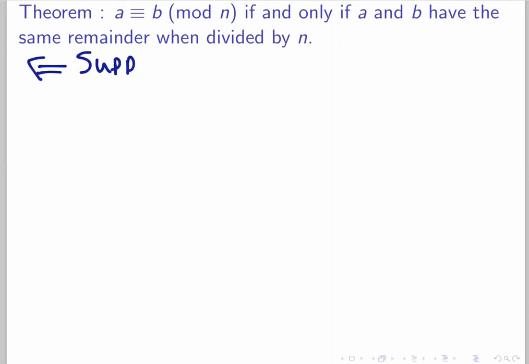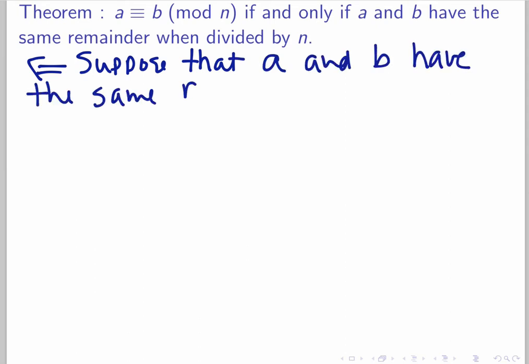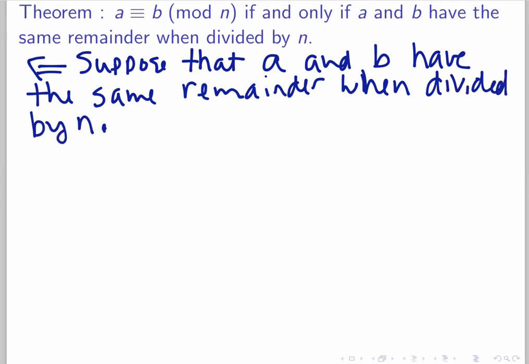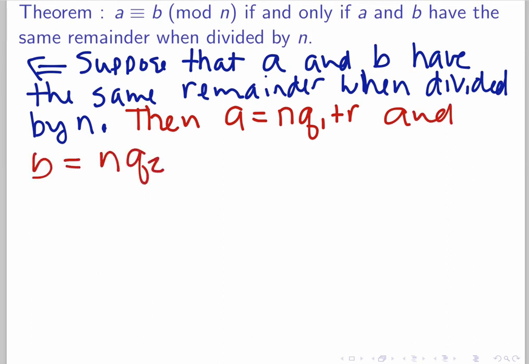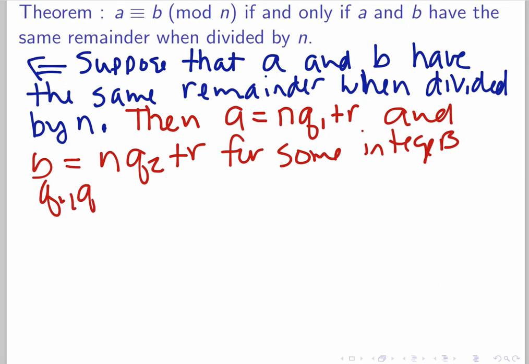We'll do it directly. We suppose that A and B have the same remainder when we divide them by n, and then we want to say what that means. So we're going to use the division algorithm. A is equal to nq1 plus r, and B is equal to nq2 plus r, for some integers q1 and q2 and some remainder r.